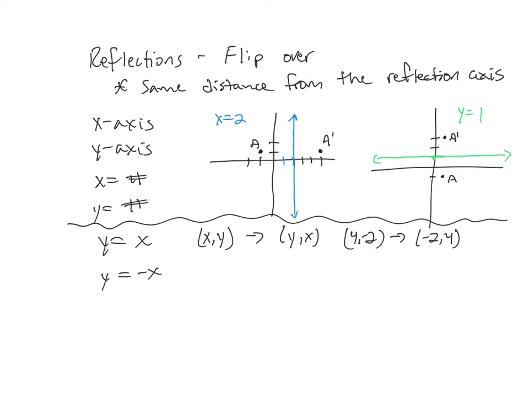And then y equals negative x, it's backwards again, but negative. So if we had 4, negative 2, I reverse it, but the negative tells me to also switch the signs. If it was positive, it's now negative. If it was negative, it's now positive.